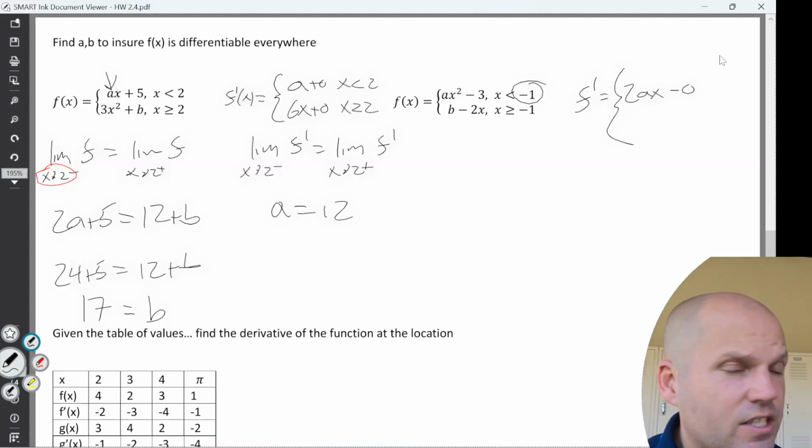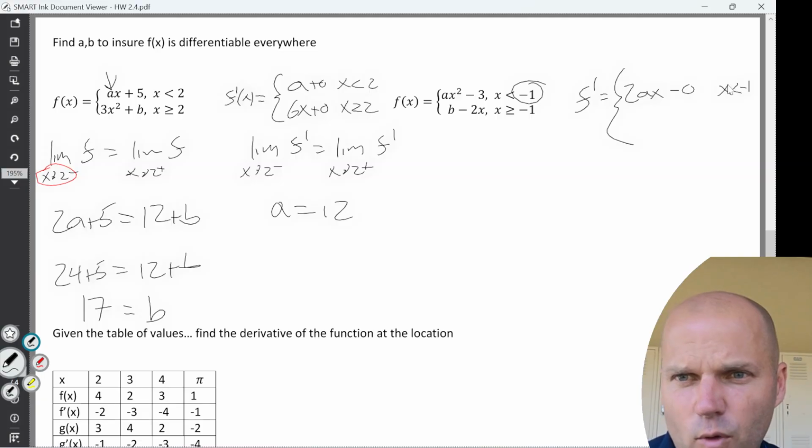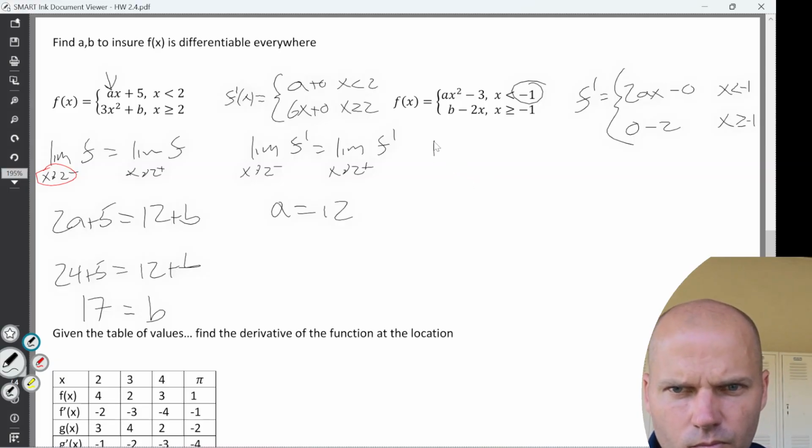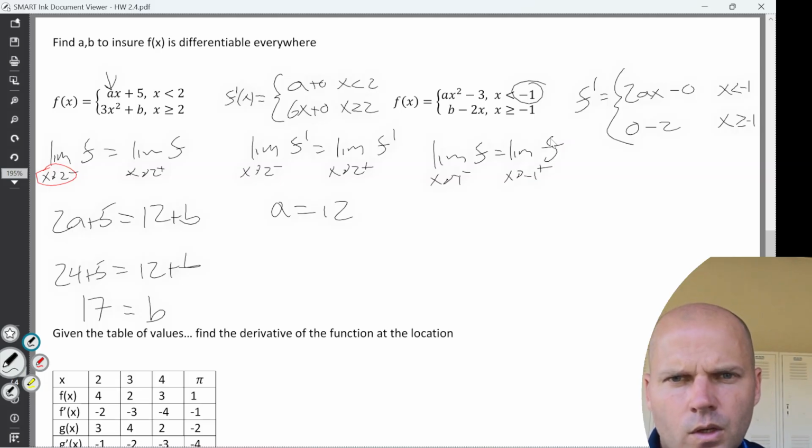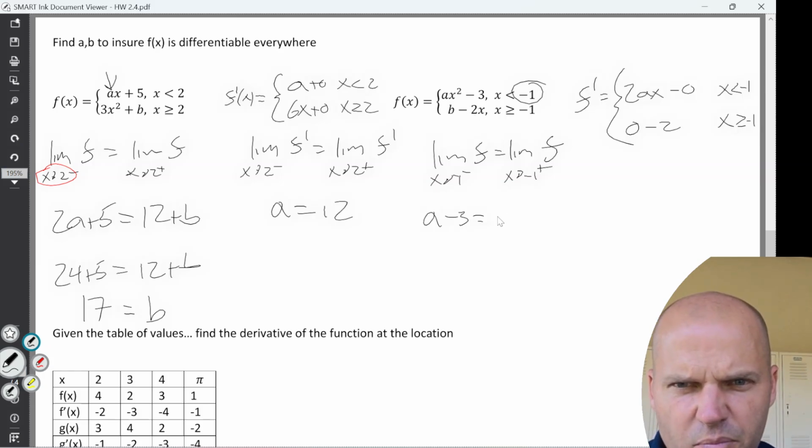All right, same thing here. x is -1. Pay attention to that. -1 is the important value. Plugging in -1, I have a minus 3. Plugging in -1, I have b plus 2.